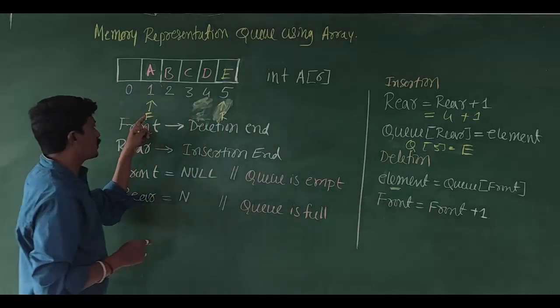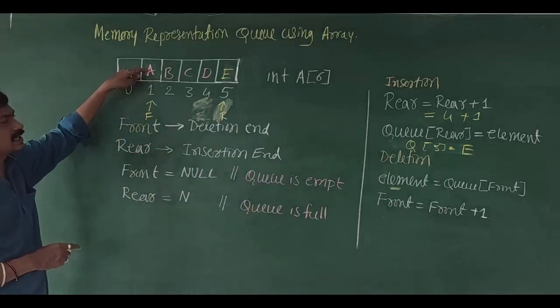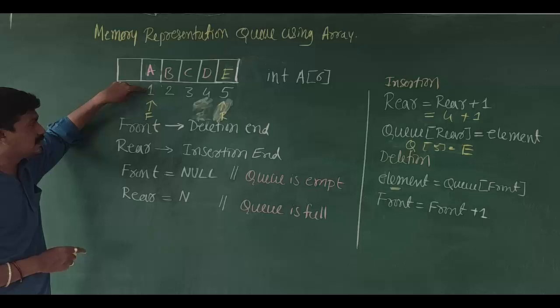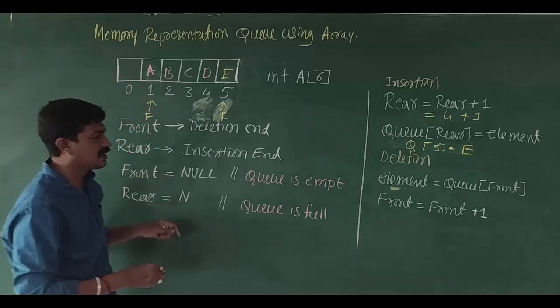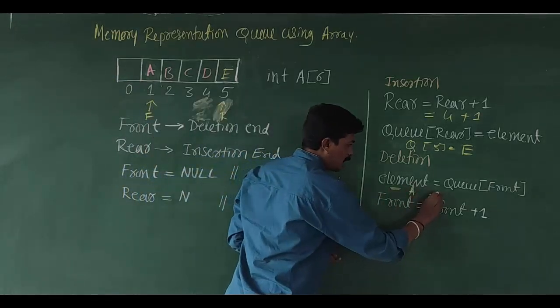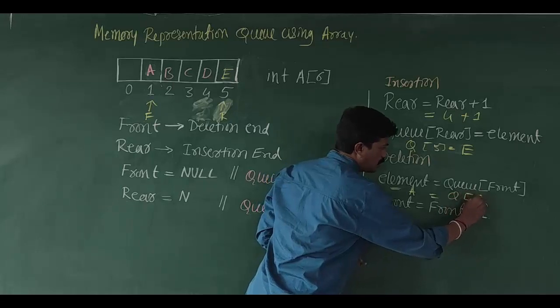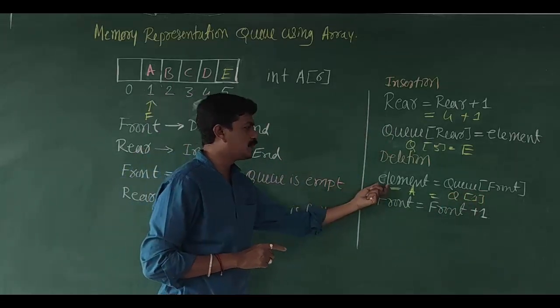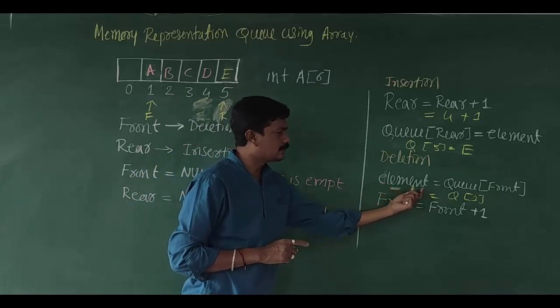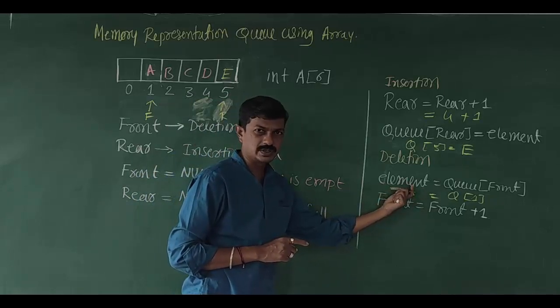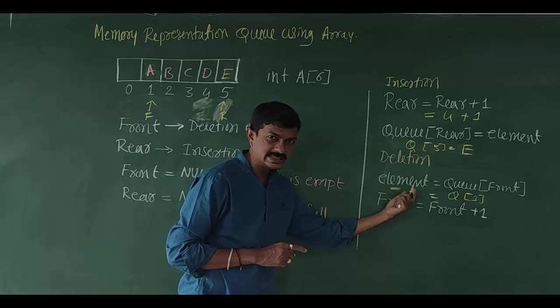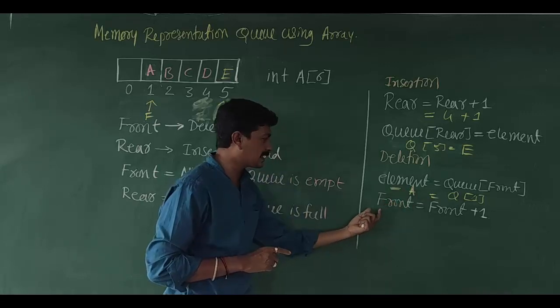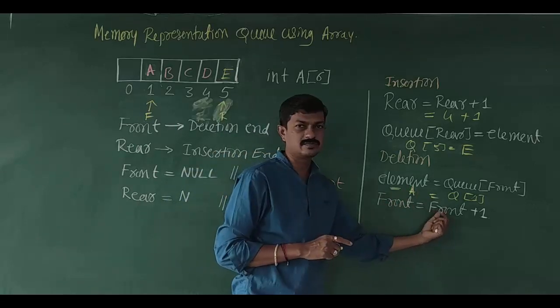In this example, the front pointer is pointing to element A, index 1. That is, A equals Q of index 1, which means we are removing that particular element from the queue data structure. Once we have deleted it, I need to increase the front pointer.